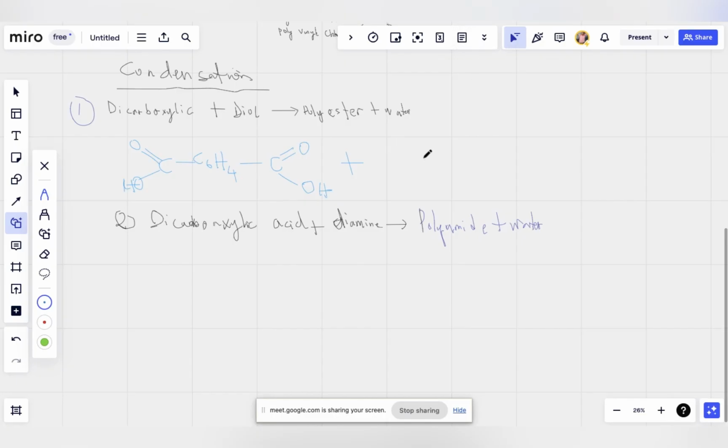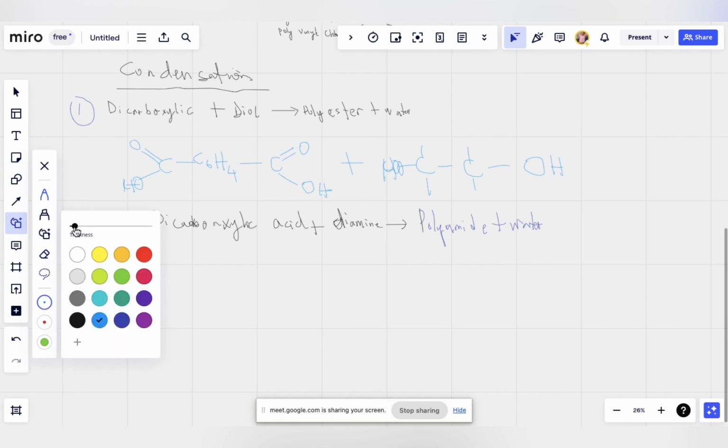So dione is C2; you can write C to C, here we have OH on this side, and you also have OH on this side. So you have 2 carbon atoms and 4 hydrogen atoms.